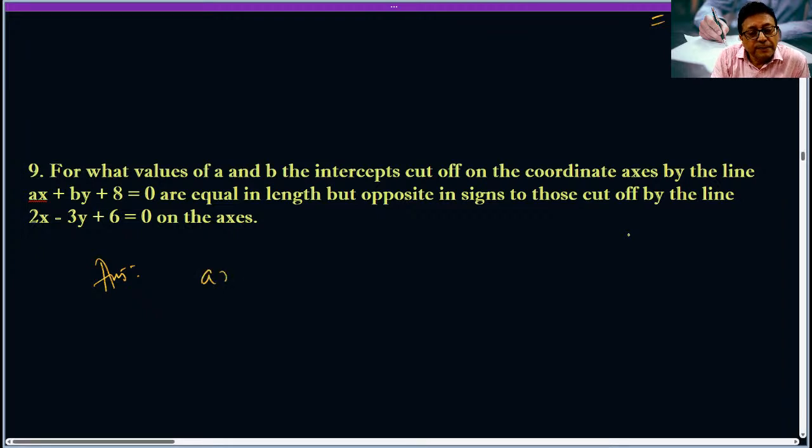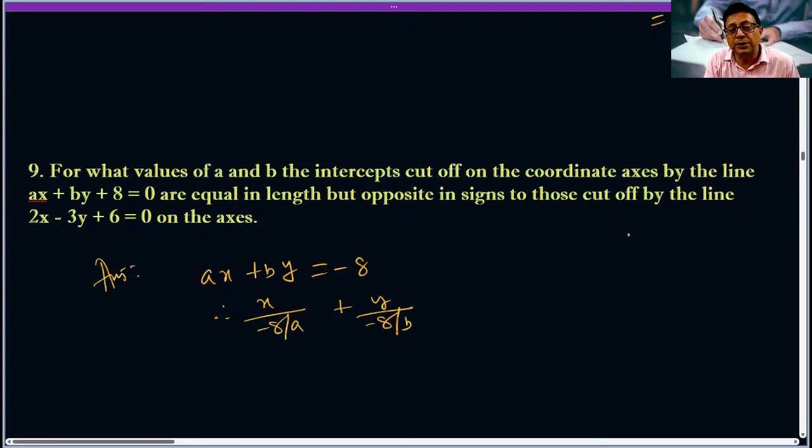First line, ax plus by minus 8 equals 0. So divide by minus 8. I hope you understand the manipulation. You can write one more step. Then separate.